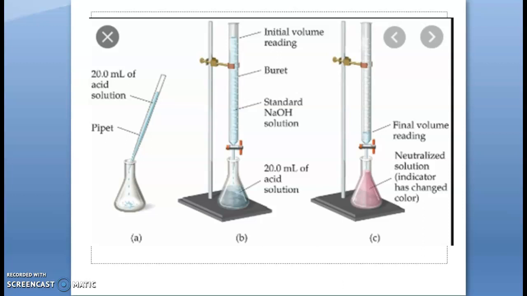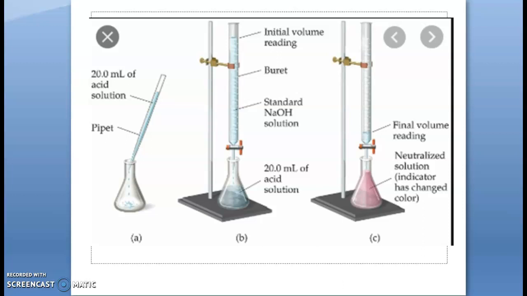Here we can see the diagram of a burette, which is filled with the standard base solution, and we are titrating it against 20 ml of acid solution. So how do we exactly know that the titration is completed?